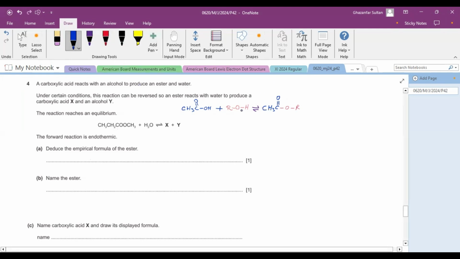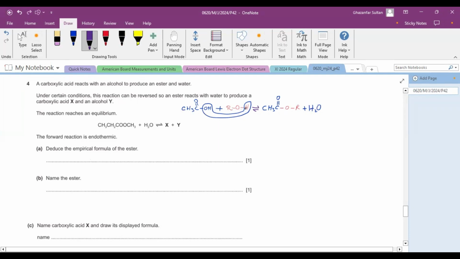While the hydrogen from here and OH from the acid combine to form water. But remember that although hydrogen is transferred from here to here, if you see the actual mechanism in A level, then you will find that this is not acid, this is something else.